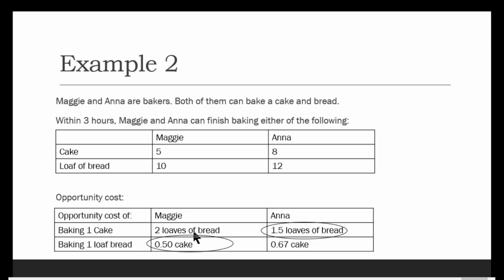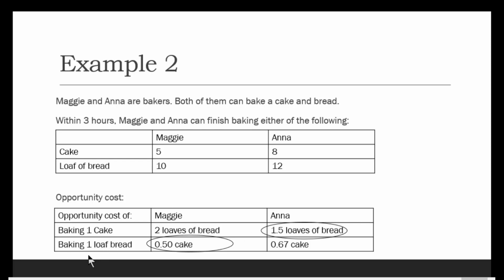Maggie will lose 2 loaves of bread per 1 cake, while Anna will lose 1.5 loaves of bread per 1 cake. Since Anna has a lower opportunity cost with 1.5 loaves of bread over Maggie with 2 loaves of bread, Anna has a comparative advantage in terms of baking a cake. And so Anna should focus more on baking a cake.